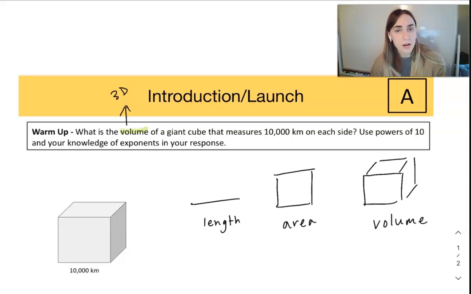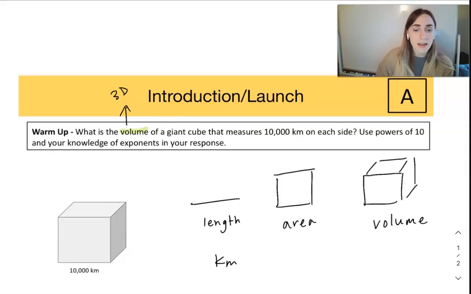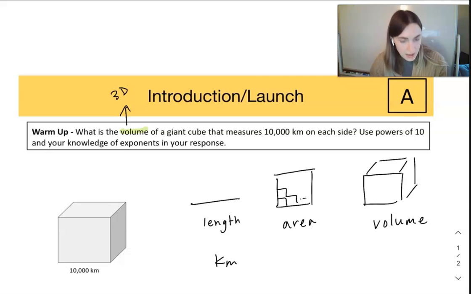So if we think about our unit here that they gave us, kilometers, for a length, we would measure a certain number of kilometers. But once we get to area, we would have to measure in square units. And you can imagine if I wanted to describe the space inside this square, I would have to count out how many smaller squares could pave that two-dimensional shape.